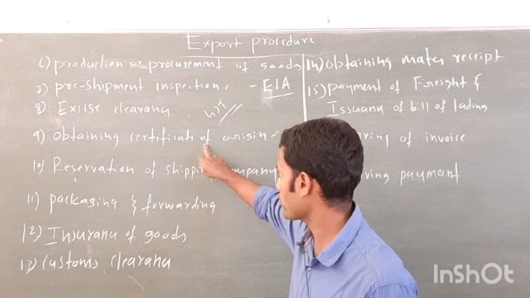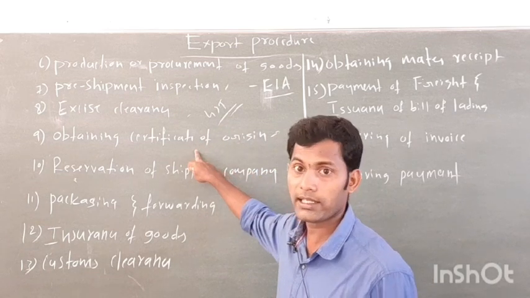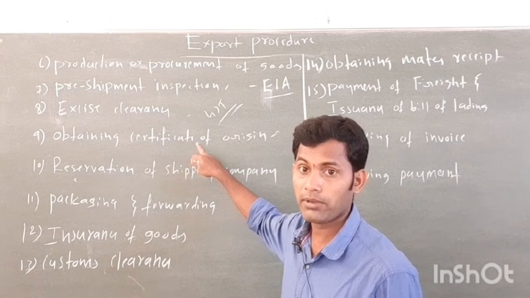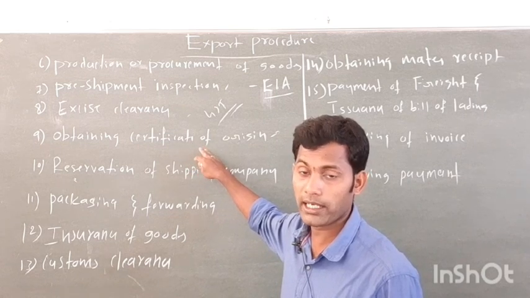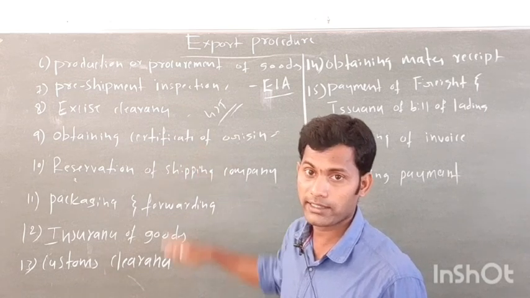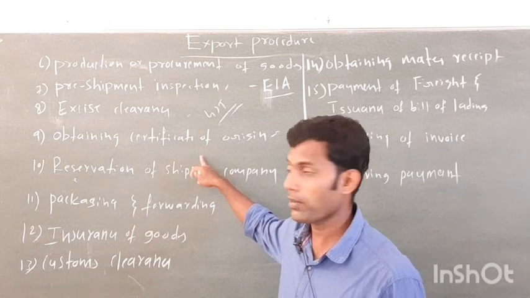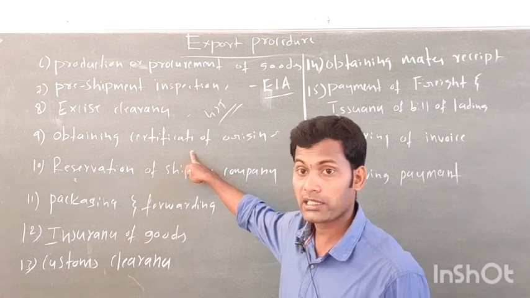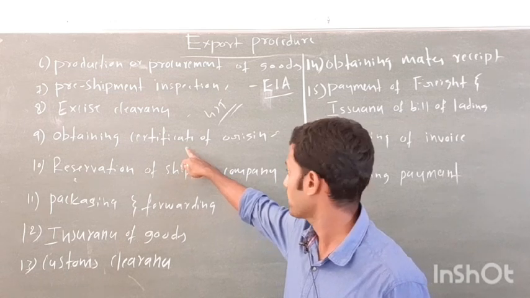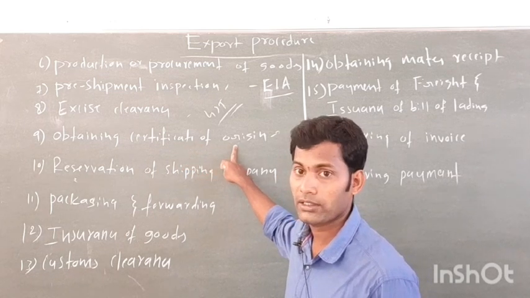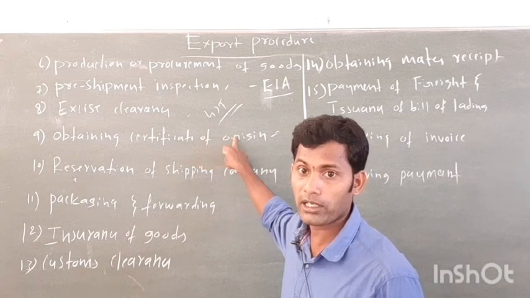So what's the need of certificate of origin? In some importing countries, they provide some concession for a particular country, that's the purpose. The exporter gets the certificate of origin. That may be helpful to the importer later.